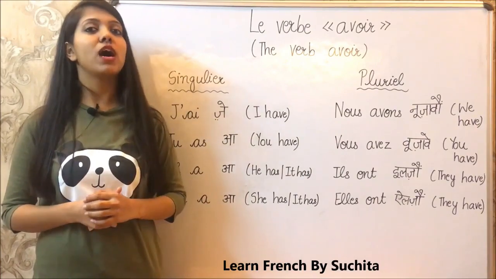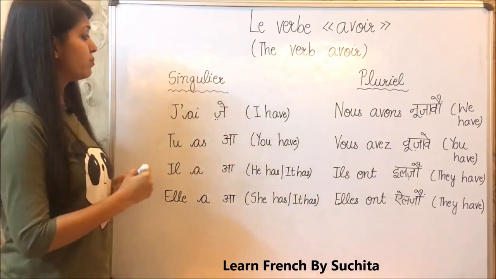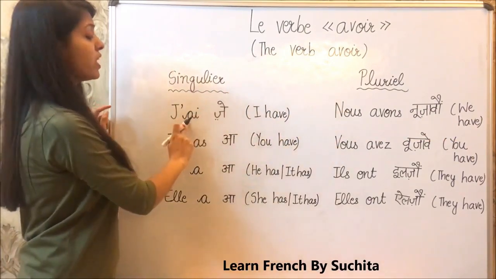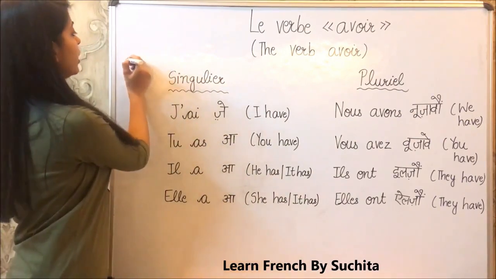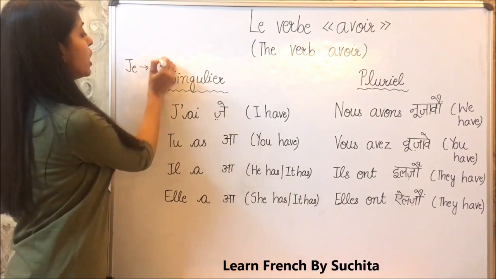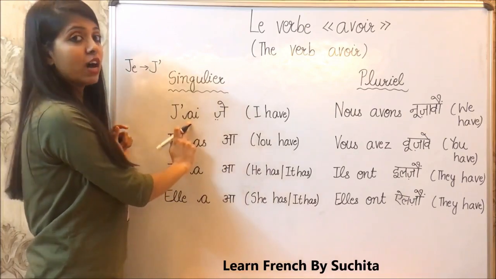Cette fois-ci, on va apprendre le verbe avoir. So we start with the first subject, which is je. The conjugation of avoir is a, so it becomes j'ai. Here we have to note that je changes into j apostrophe when we have a vowel after it.